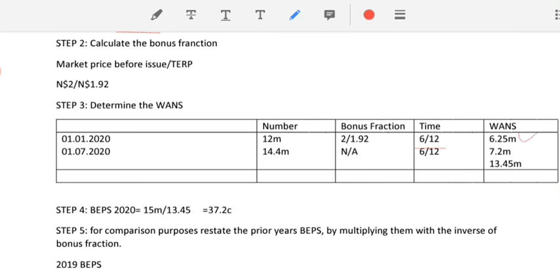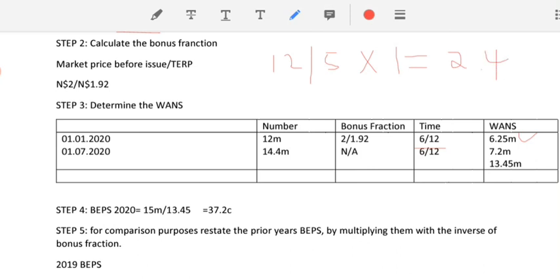And this one now, starting on the 1st of July 2020, we get 14, because we are saying if you are having 12 divided by 5 multiplied by 1, then if you do that, we will get 2.4.